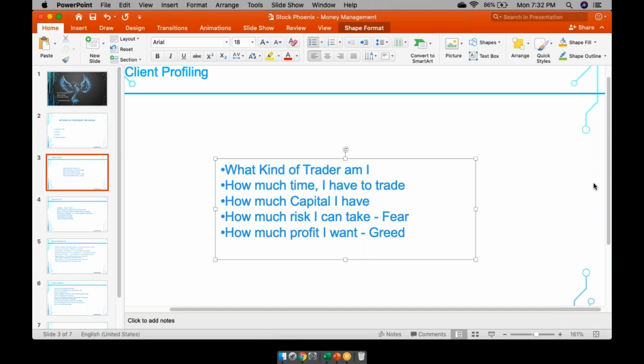So don't put an order. For example, don't buy a stock and, without putting a stop loss, move away from your system. If you want to trade, you should give time to the stock market. That is very, very important. Don't take the stock market as fun or time pass.